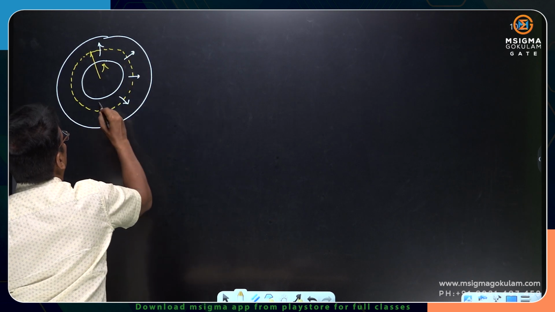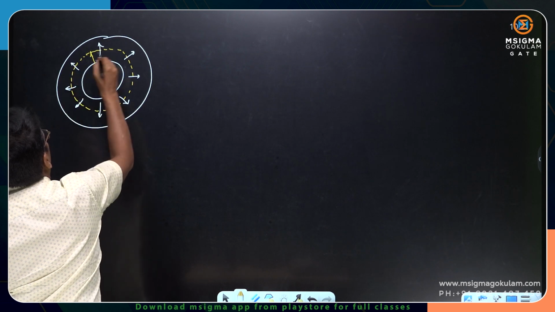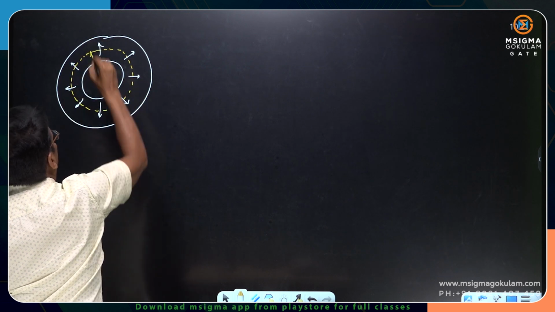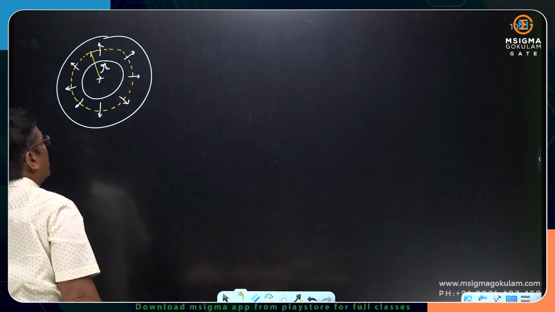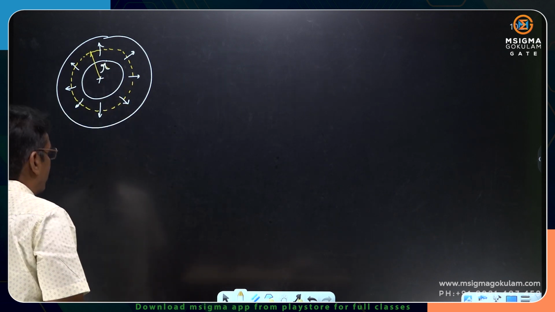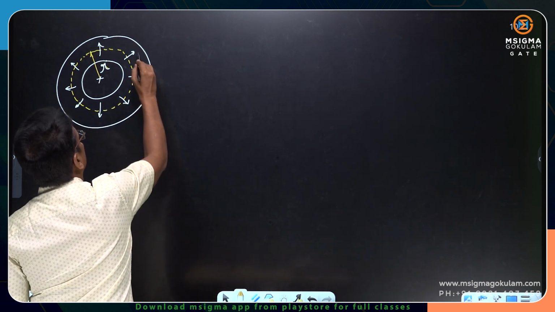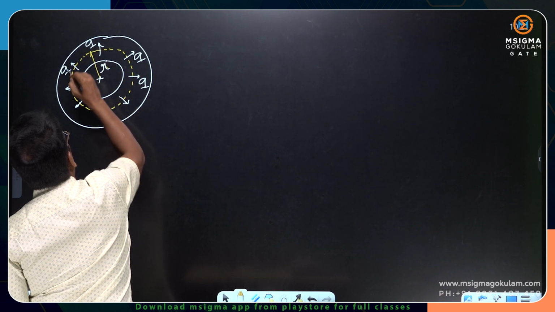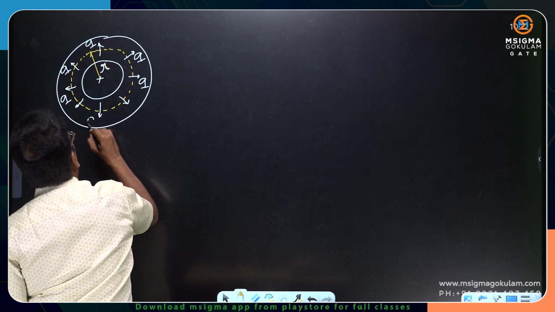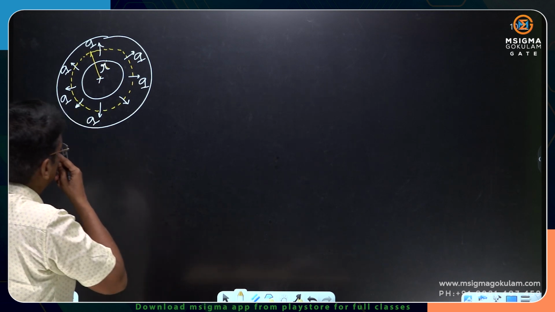So, the area perpendicular to that direction of the heat flow will be 2 pi r into L, right? At any radius r, 2 pi r into L is the area of conduction heat transfer. These white color arrows indicate the direction of the heat flow Q.